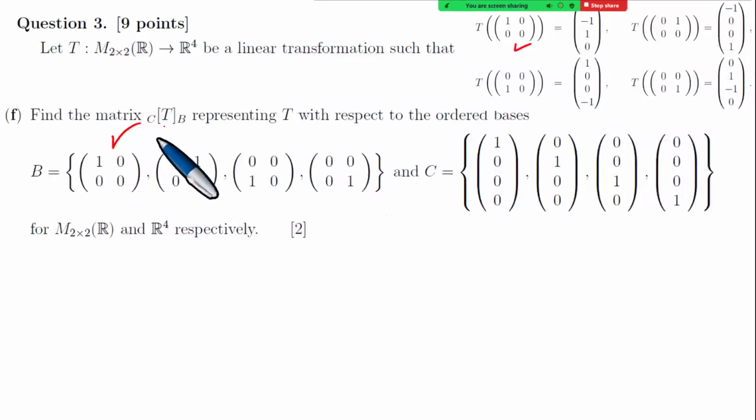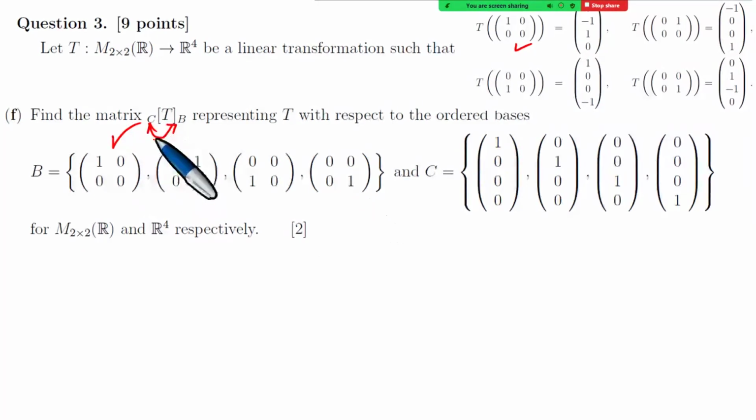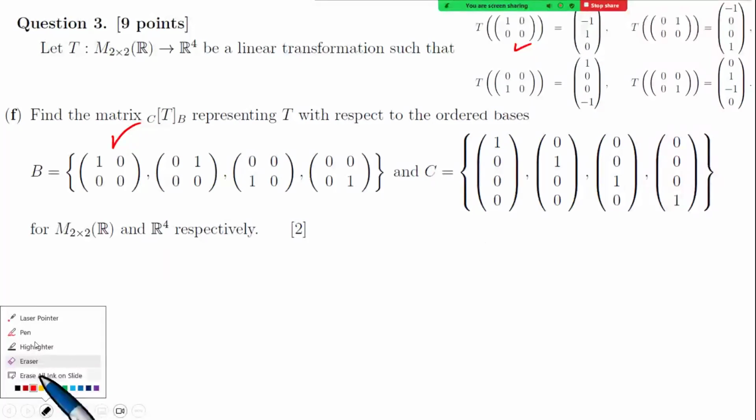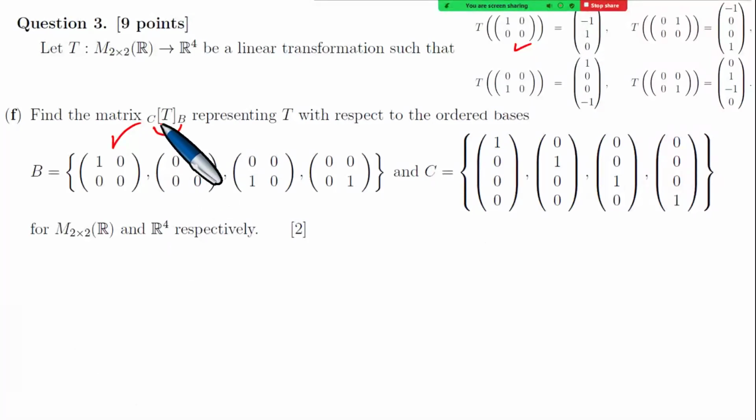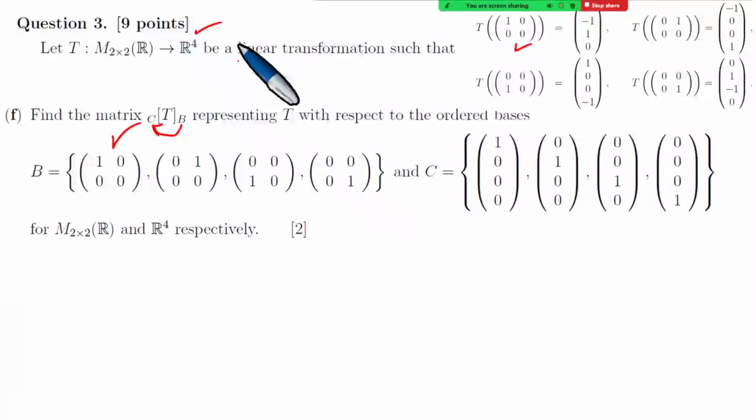So now, if we look at this, I want to discuss it a little more elaborately. Here is C and B. Let me just write it like this. We are mapping B to C, because we're taking the 2 by 2 matrices to R4, these column vectors.